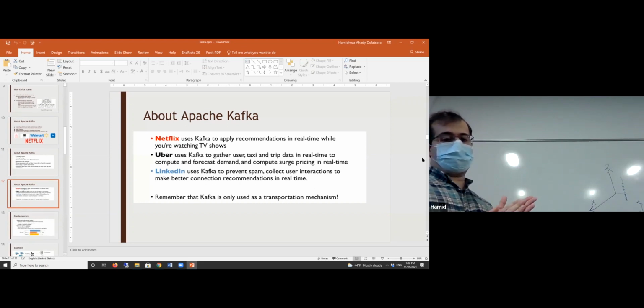These are the different applications of Apache Kafka: recommendations for Netflix, trips, customer and pricing for Uber, and for LinkedIn, the different interactions or messages people send to each other.